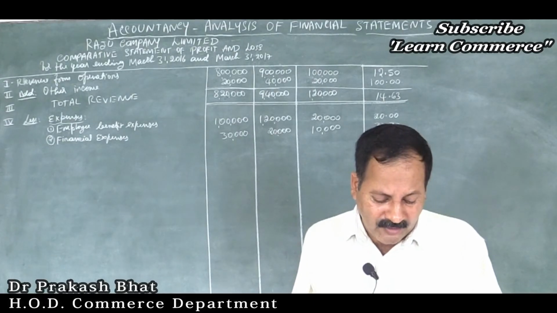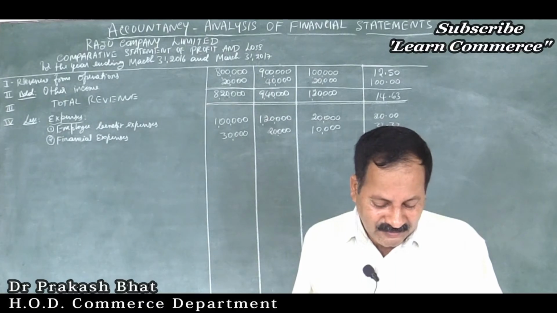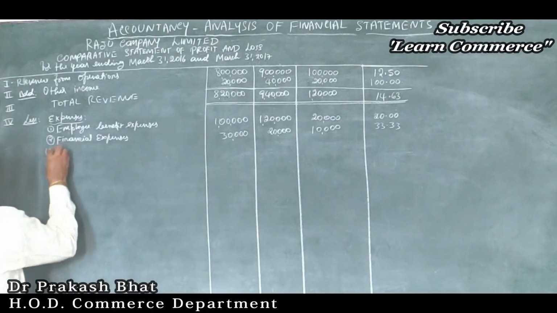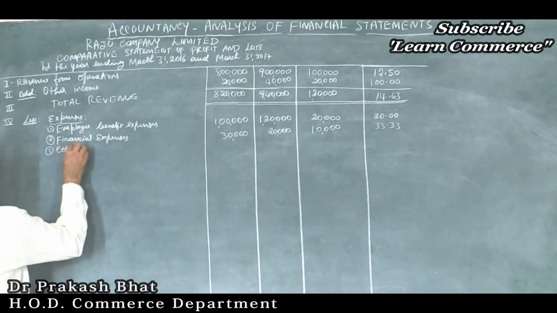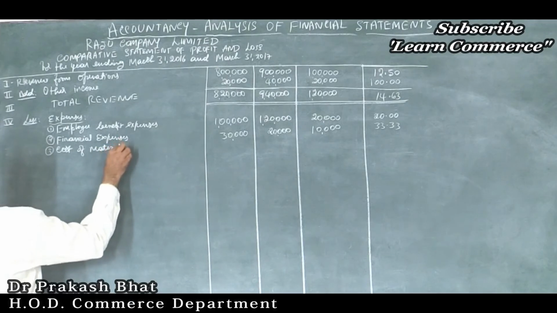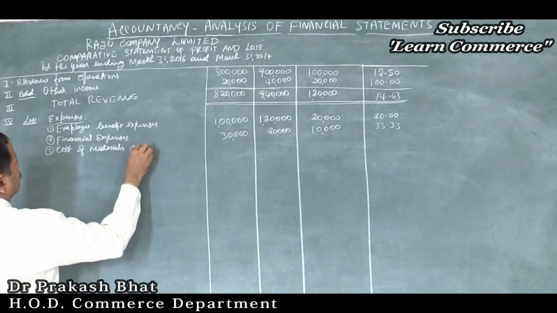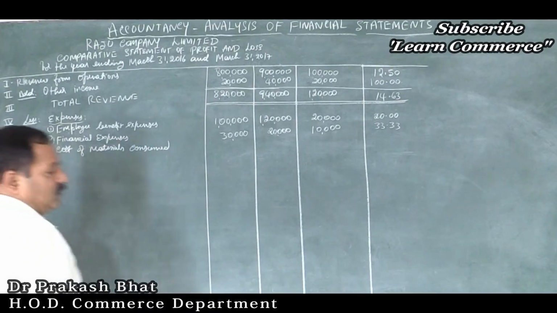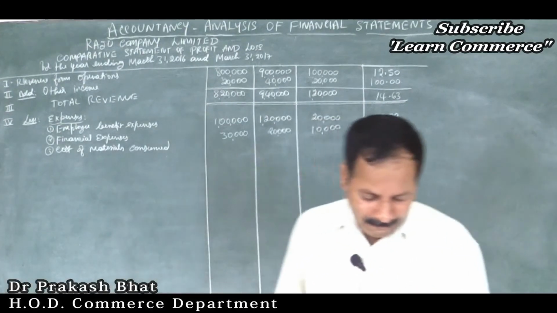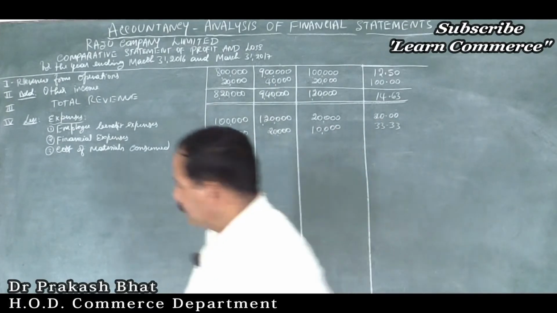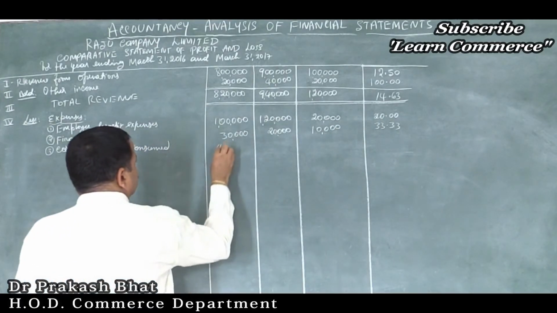Then cost of materials consumed. It should have come at the beginning. Am I correct? No problem. Let us write here. Cost of materials consumed, how much? 4 lakh and 5 lakh.